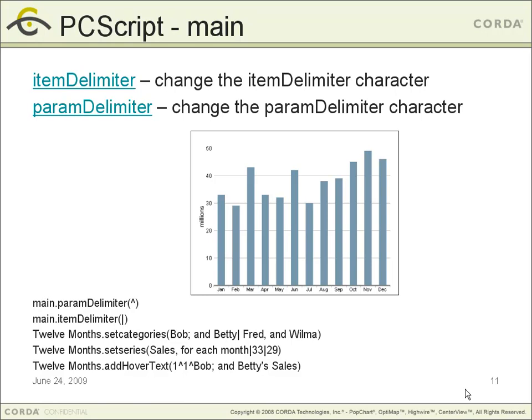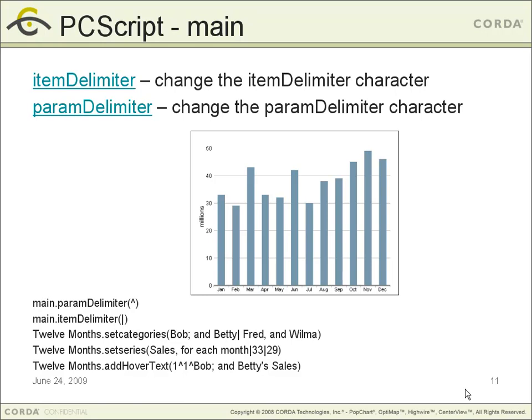So what we're doing in this example is we're changing the main param delimiter from a semicolon to a little hat, the caret, and we're changing the item delimiter from a comma to a pipe, vertical bar.